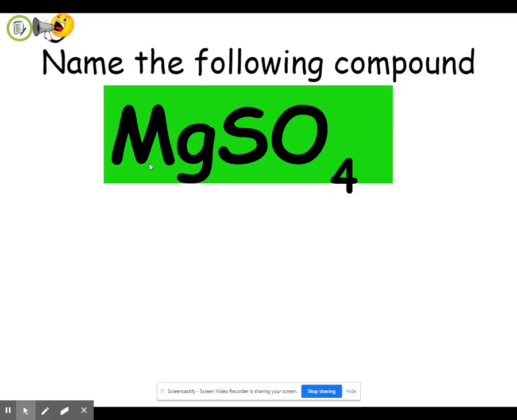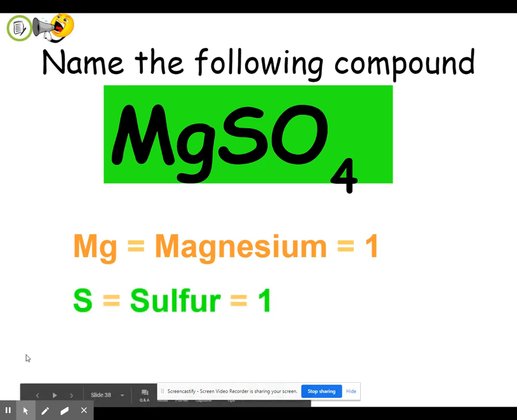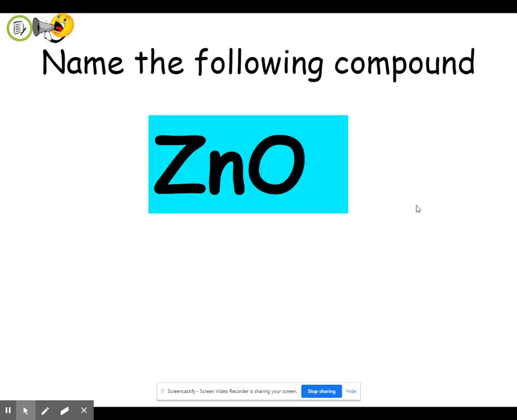The next one, 1, 2, 3 capital letters. There is no subscript here for magnesium, so it's a 1. There's no subscript for sulfur, so it's 1. How many atoms for oxygen? That subscript 4 tells us there are 4 atoms of oxygen.